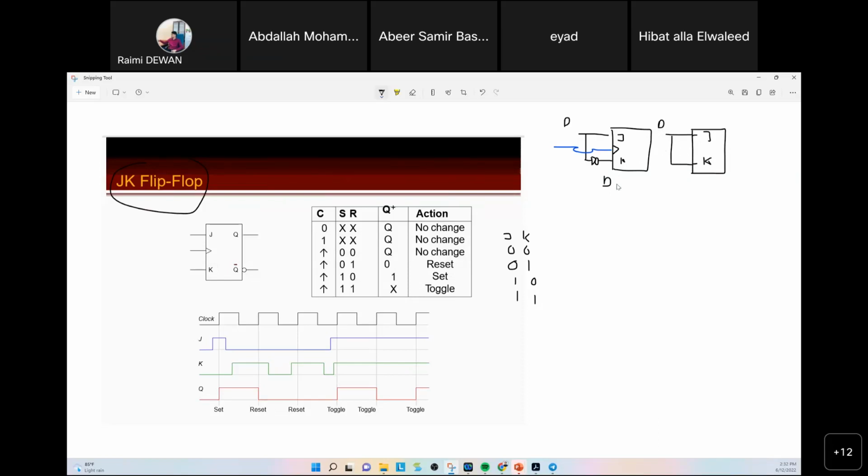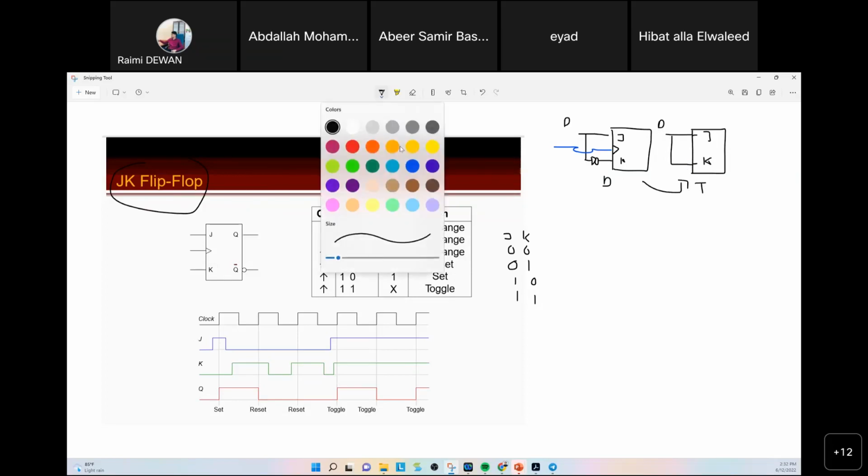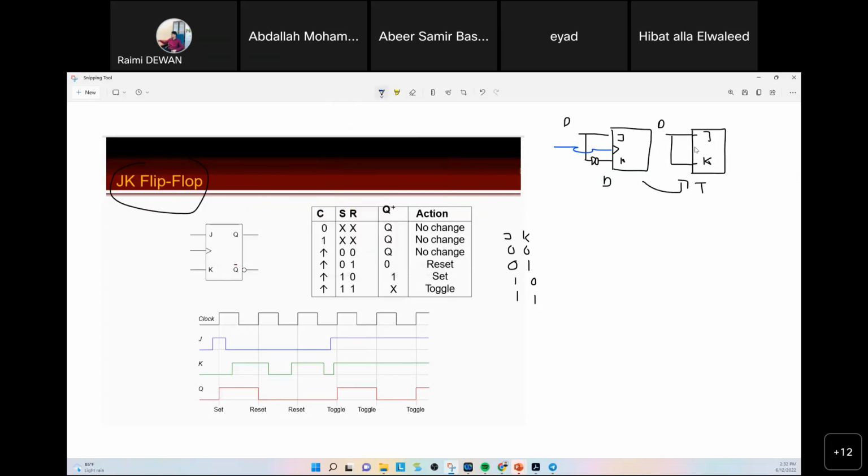Then from the D flip-flop you will get the T flip-flop, without the inverter. Similarly, because this is a flip-flop, you have a clock, depending on whether it is a positive edge trigger or negative edge trigger. If it's negative edge trigger, you should have a bubble.